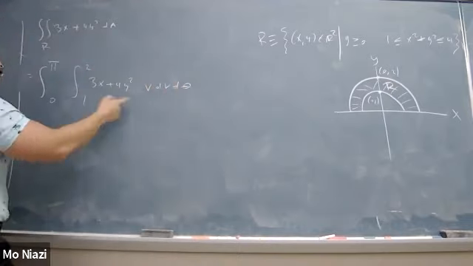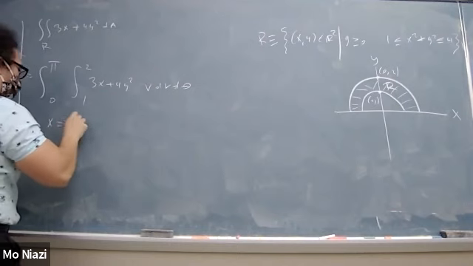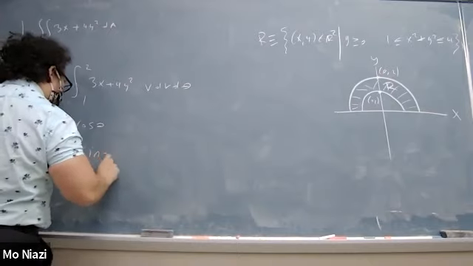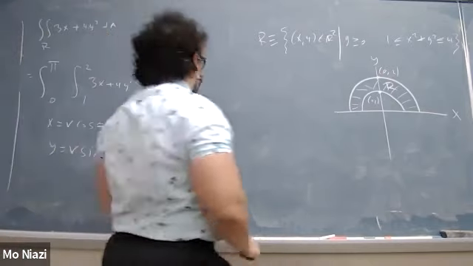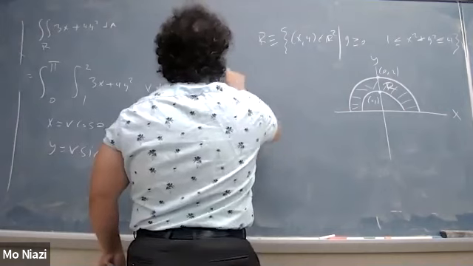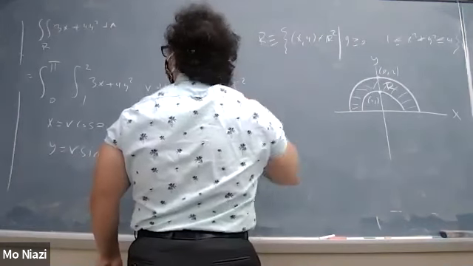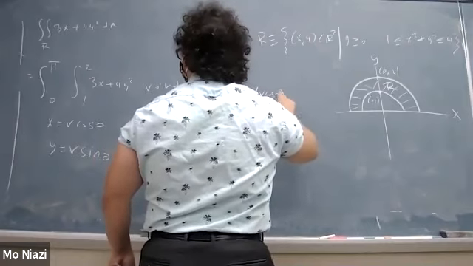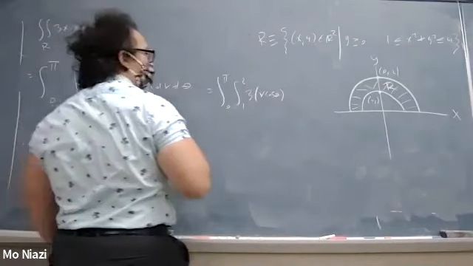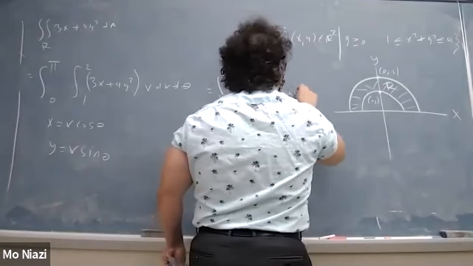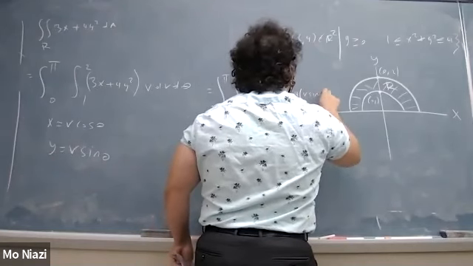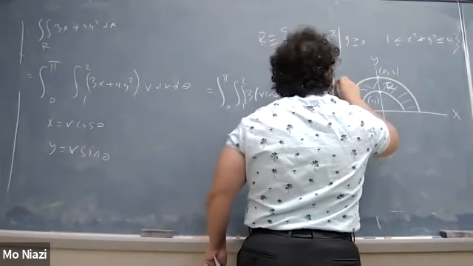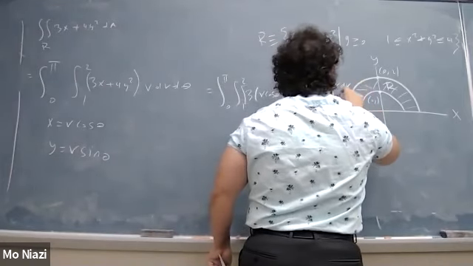And we got to remember to transform x and y. I'll remind the class of the transformation equations from rectangular to polar. Meaning this is the same thing as 3 times r cosine theta plus 4 times r sine of theta quantity squared. And the whole thing is being multiplied by r dr d theta.